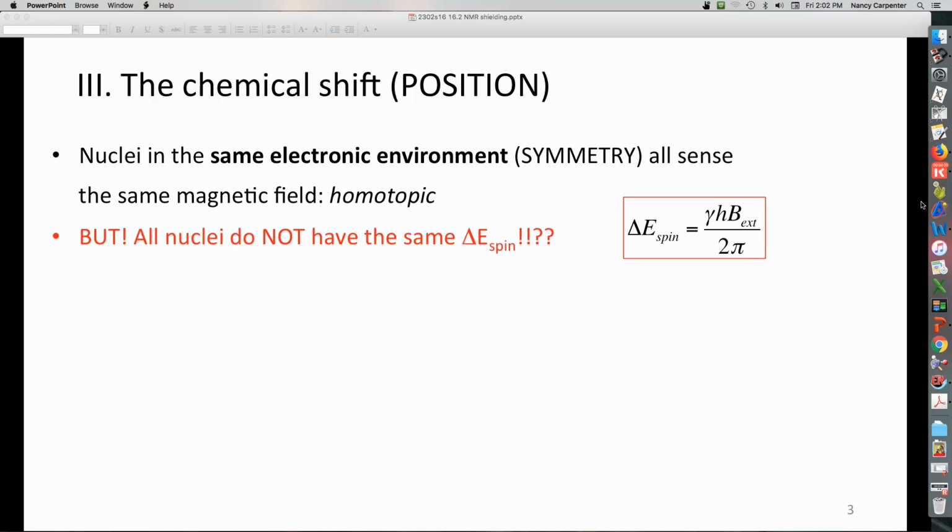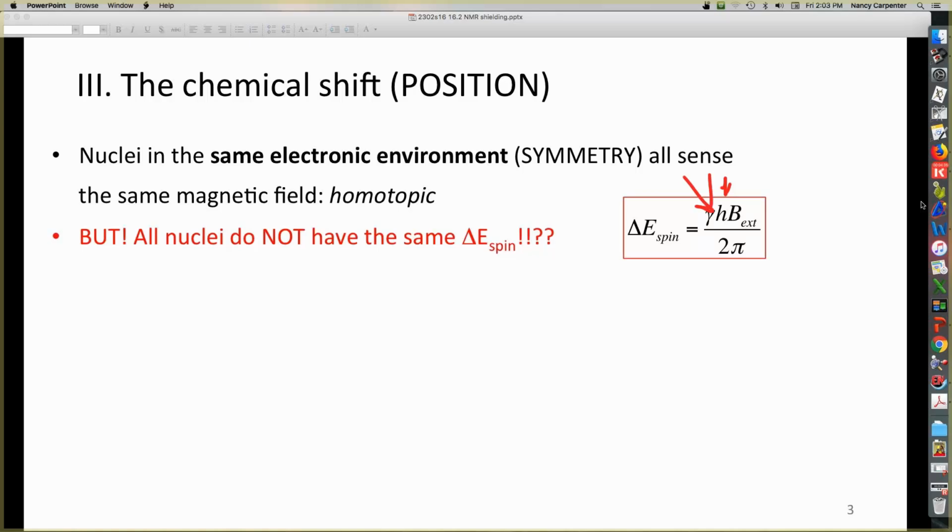Because, say, let's focus on the proton, the hydrogen, for a second. Don't all hydrogens have exactly that same electronic environment, that same energy gap that corresponds to where they'll show up in the spectrum? Because after all, when you look at it, that's Planck's constant. That's the magnetogyric ratio that associates with the nuclei.